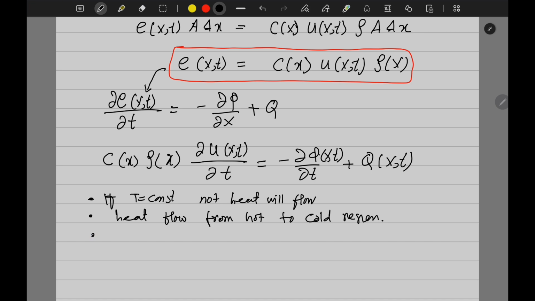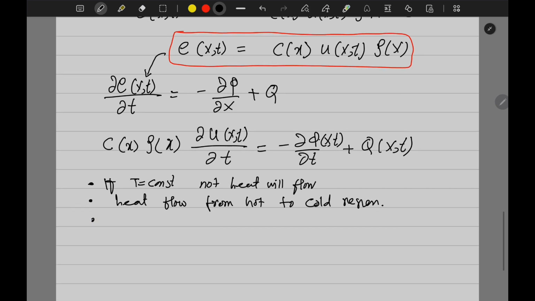Number 3 is the greater the temperature difference, the greater the flow of energy. So greater temperature difference, greater heat flow. Number 4, the flow of heat energy will vary for different materials even with the same temperature difference.